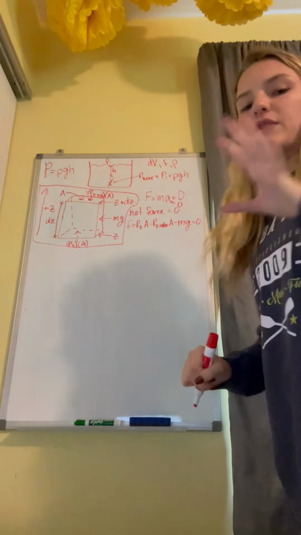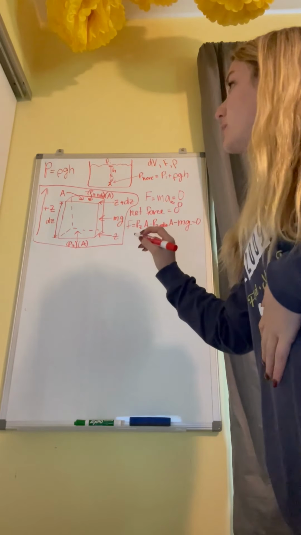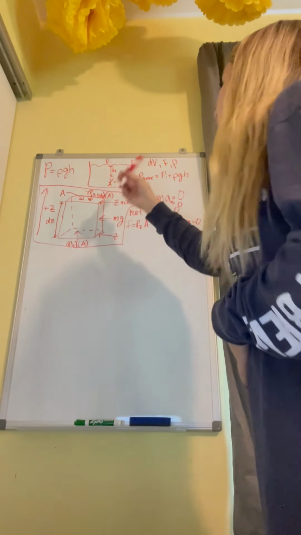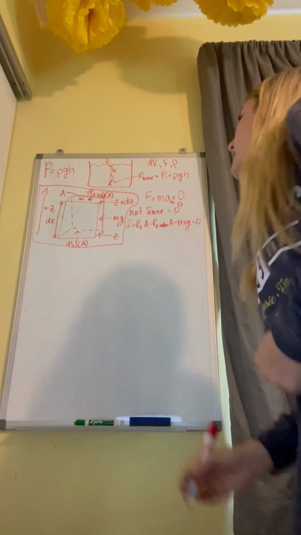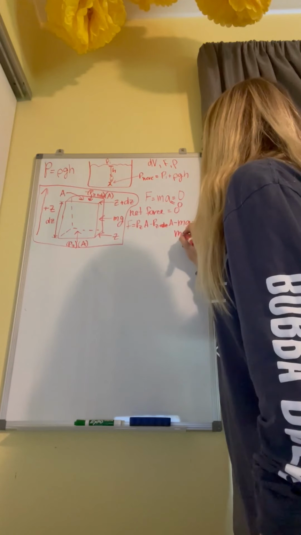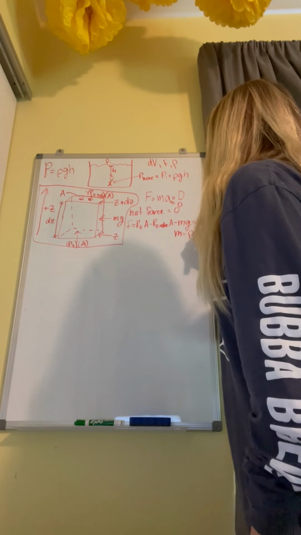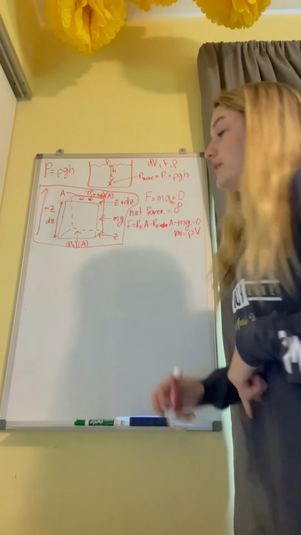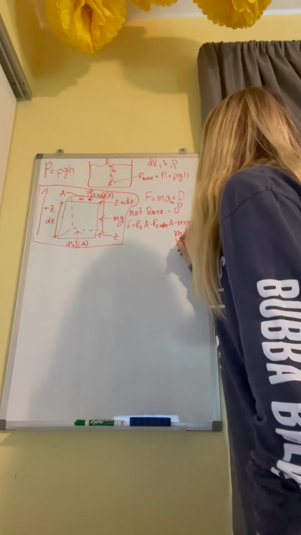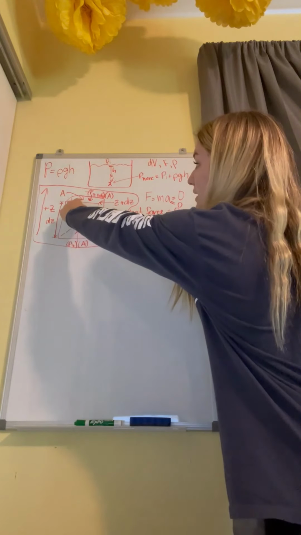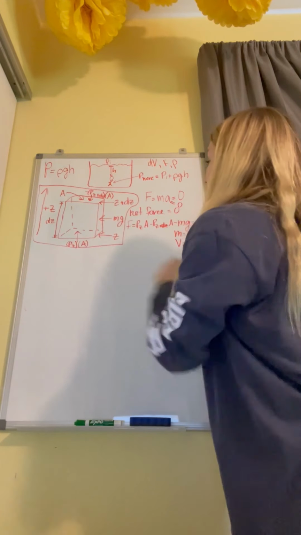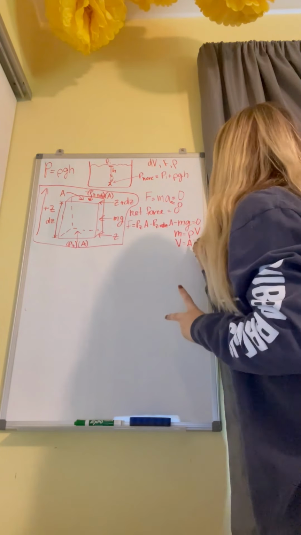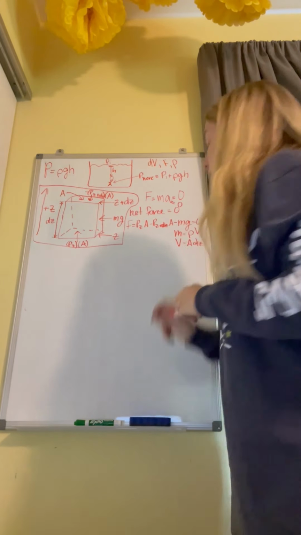So now if we think about this in terms of pressure, we can have mass is equal to rho times volume. But also, if we think about this, we could have volume is equal to the area of this top surface times dz, which is that last length of our sides.